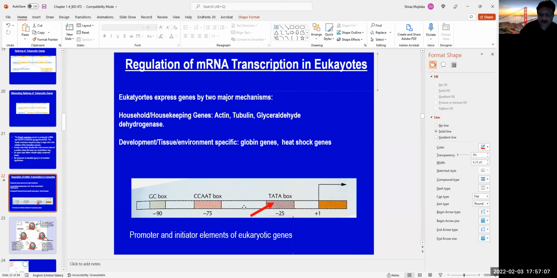These are also called upstream, before the starting base. Anything after the starting base they call downstream, and they are labeled with a plus sign. These are before, upstream, with a minus sign.